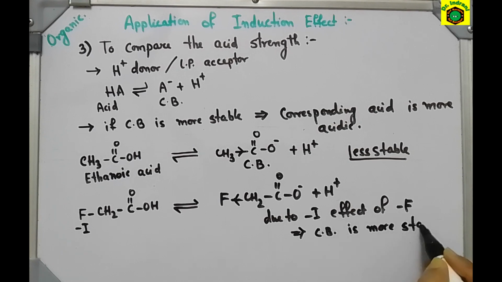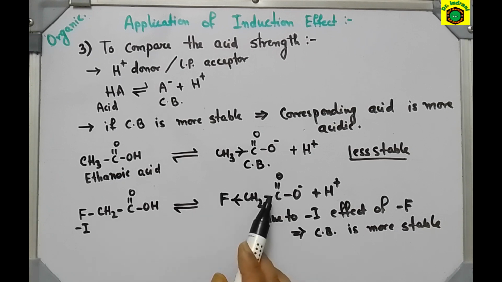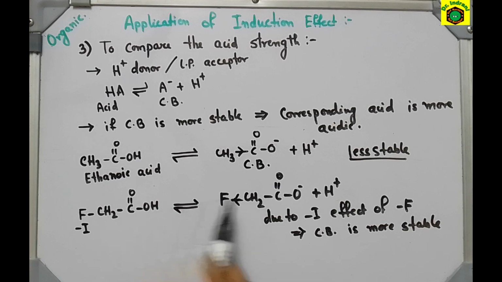If the conjugate base is more stable, this parent acid will be more acidic. Because if it is stable, the right hand side reaction will take place more and it will liberate H plus. So if it is more stable compared to this, the parent acid is more acidic than this.